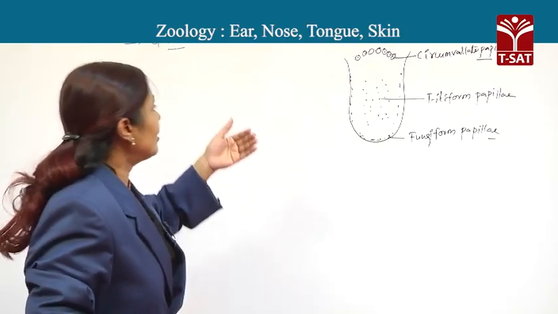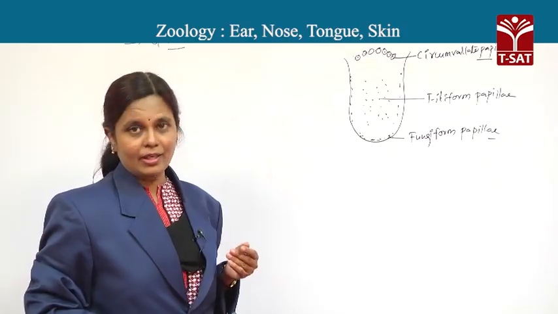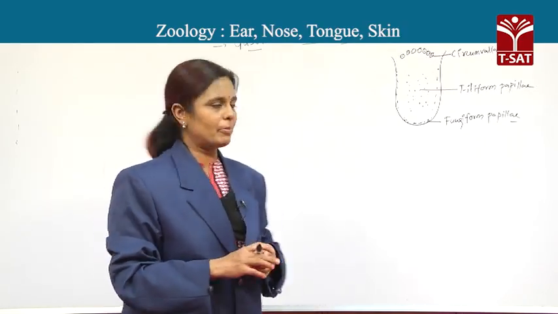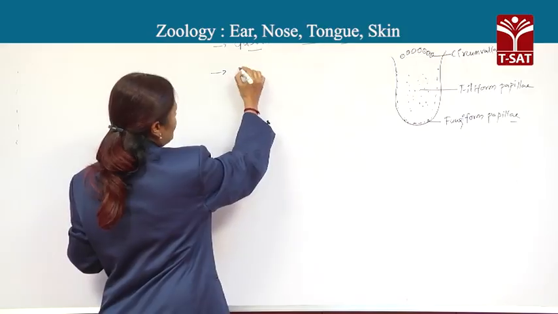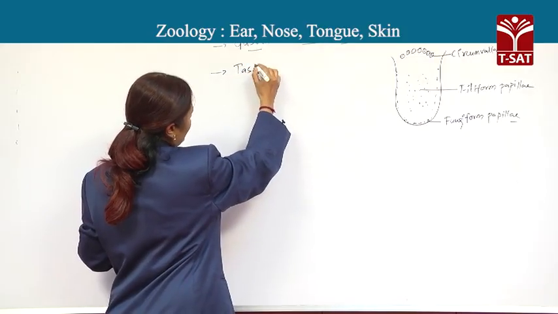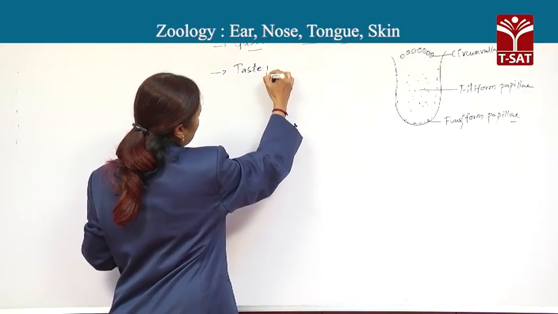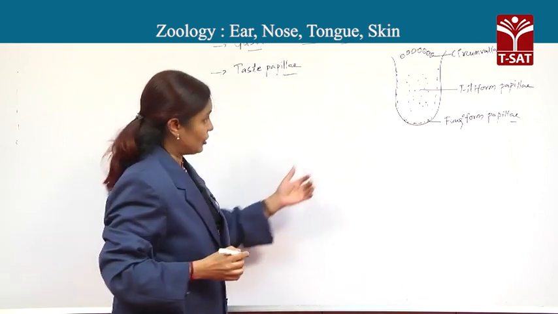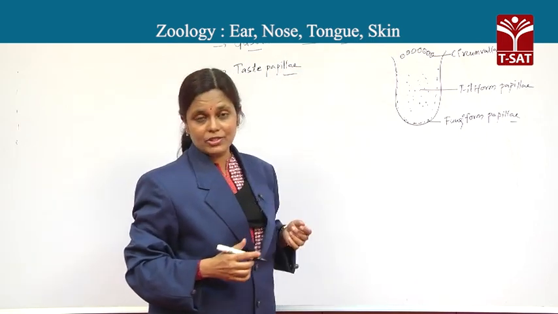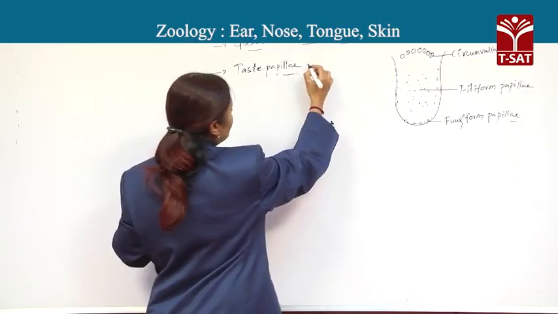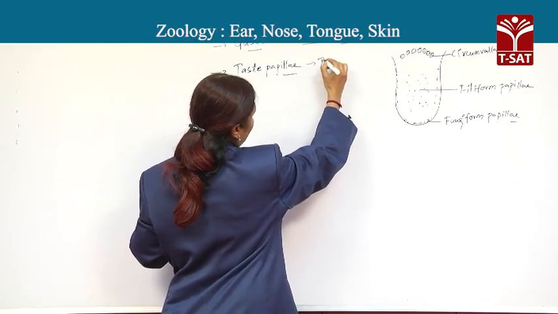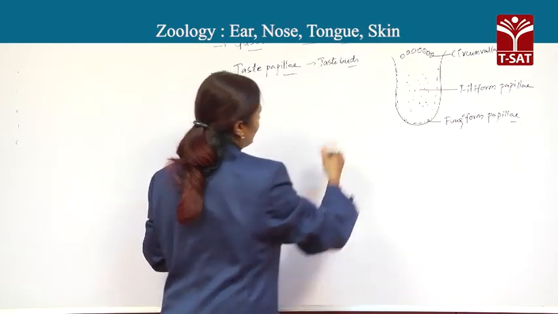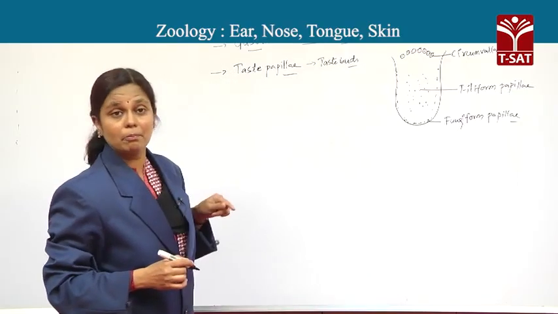Now, present inside these taste papillae, there are taste buds. Taste papillae are sac-like structures present on different parts of the tongue. Inside these taste papillae there are taste buds, but the taste buds are not present on all the papillae.